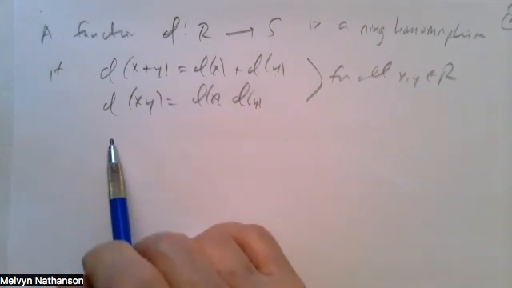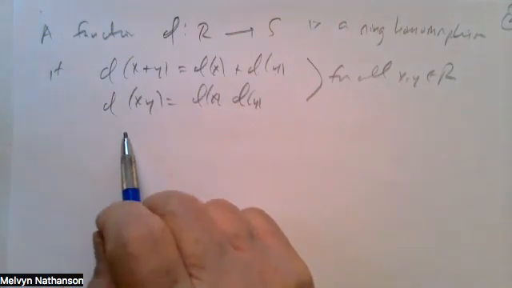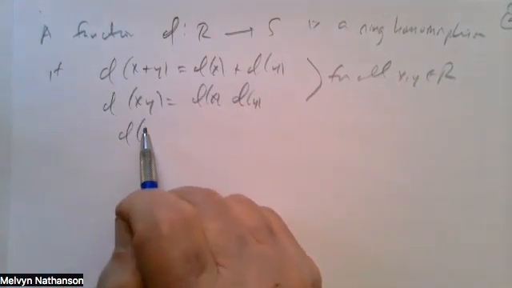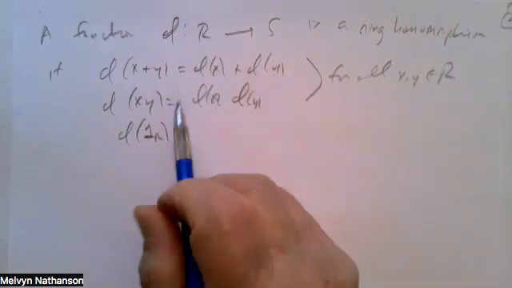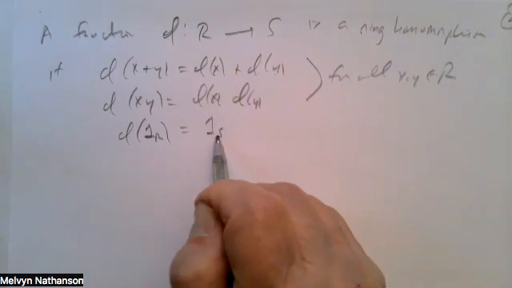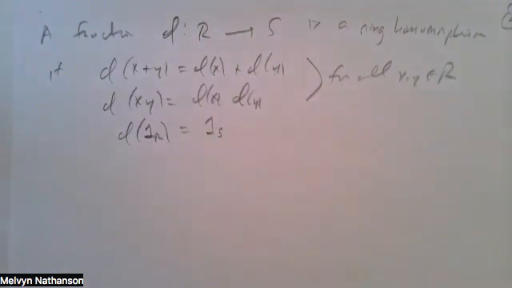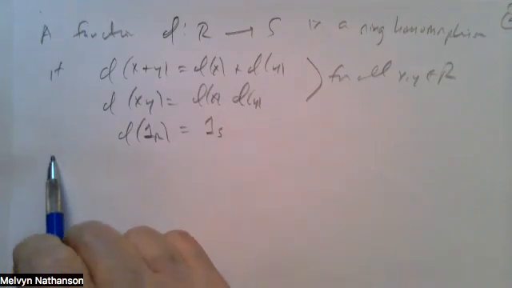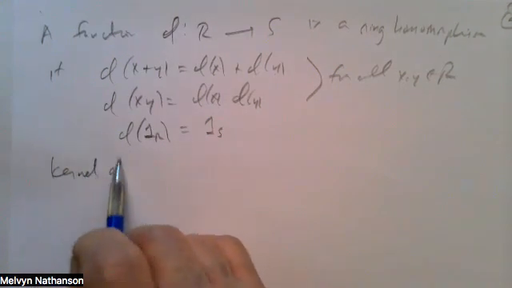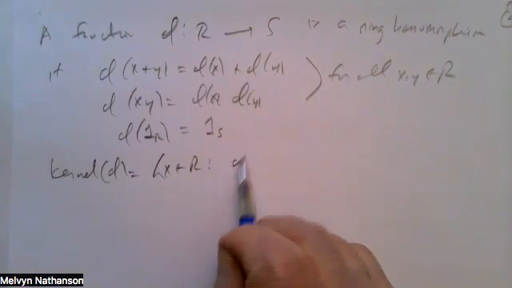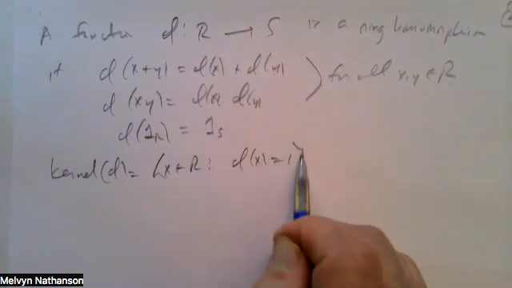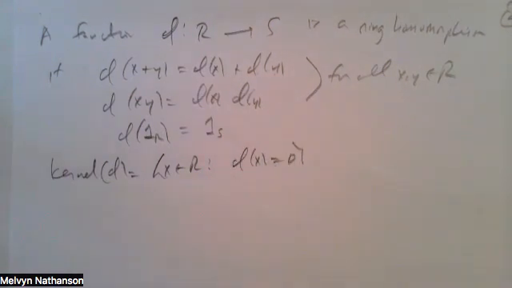And if R and S are rings with 1, we also require that phi of the identity element, I'll call 1 sub R, the 1 in the ring R, gets mapped to the number 1 in the ring S. And what is called the kernel of phi is all x in R such that phi of x is equal to 0.